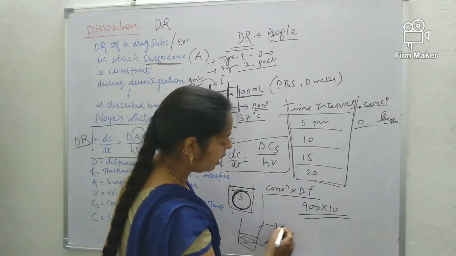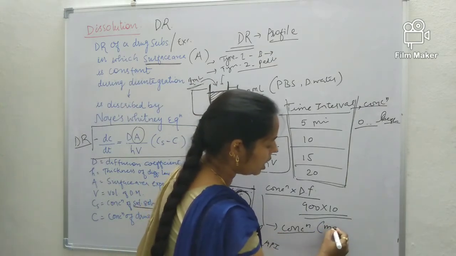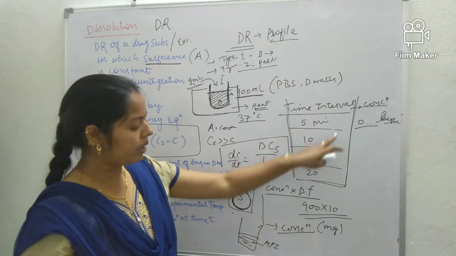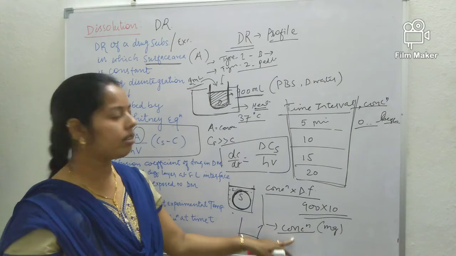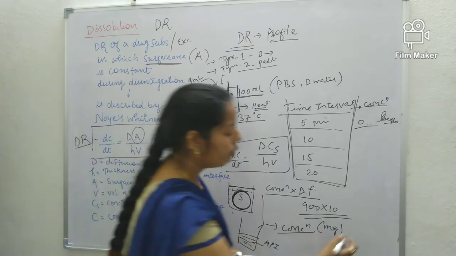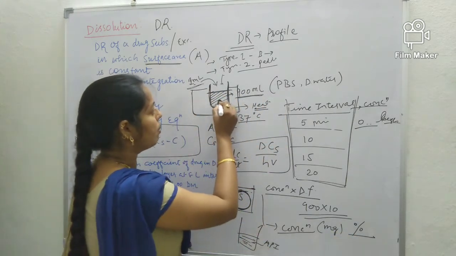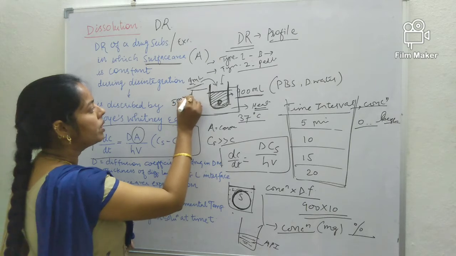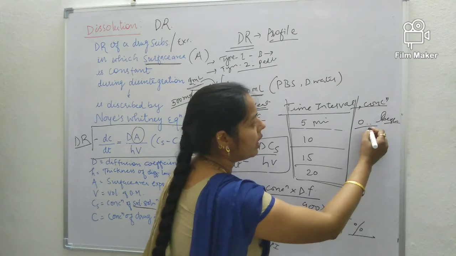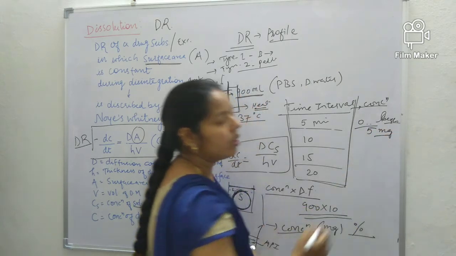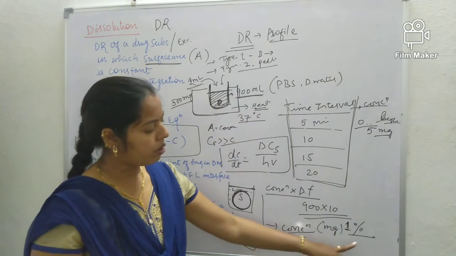After this we get the amount of drug in mg, meaning that after 5 minutes this much amount of drug or API has been released. Then we convert this amount into a percentage. If we had taken a tablet of 500 mg and after 5 minutes we get 5 mg, then we can say that 1% drug is released after 5 minutes.